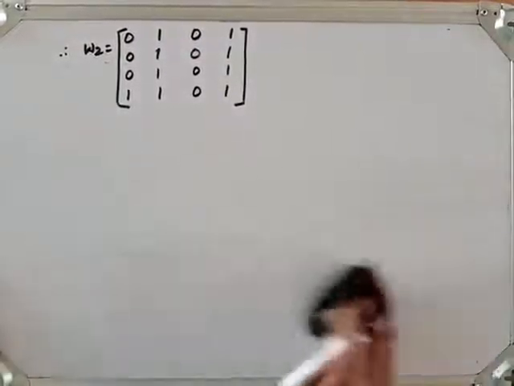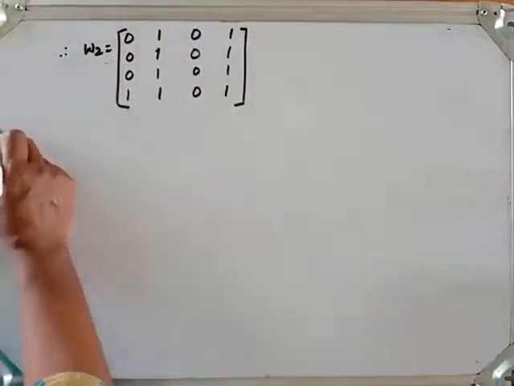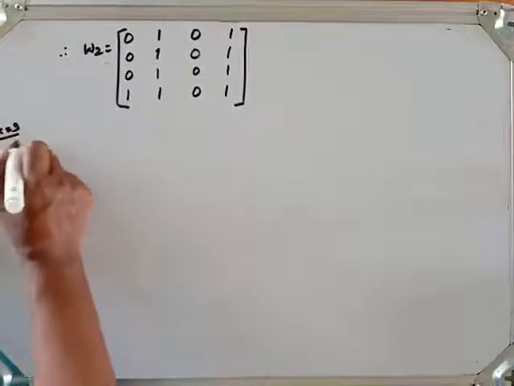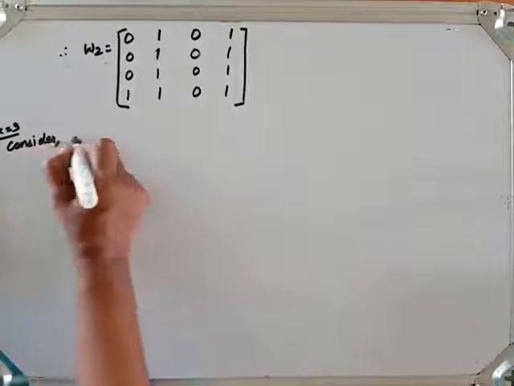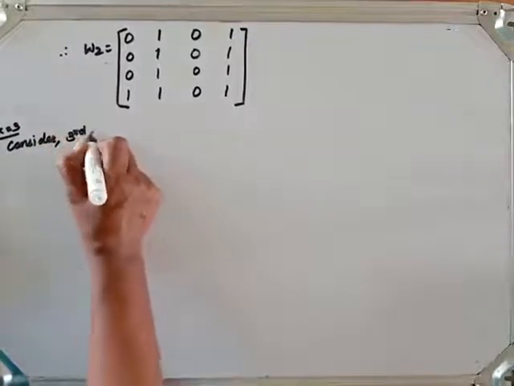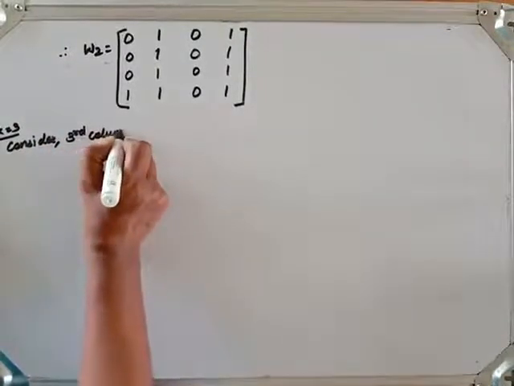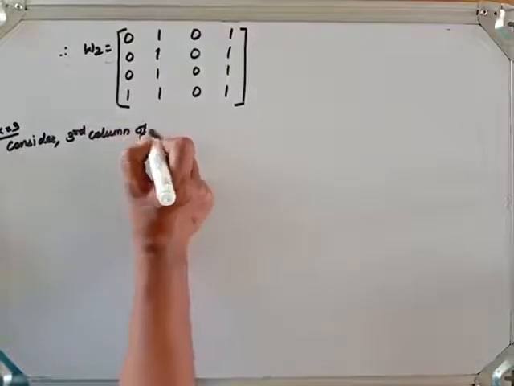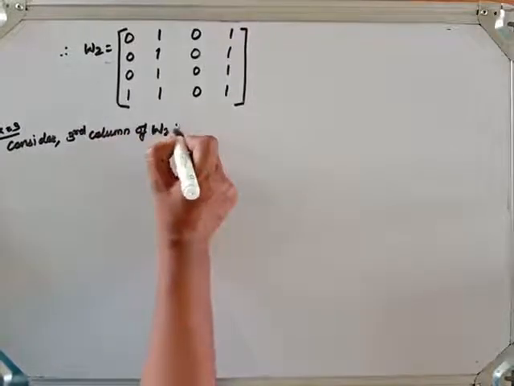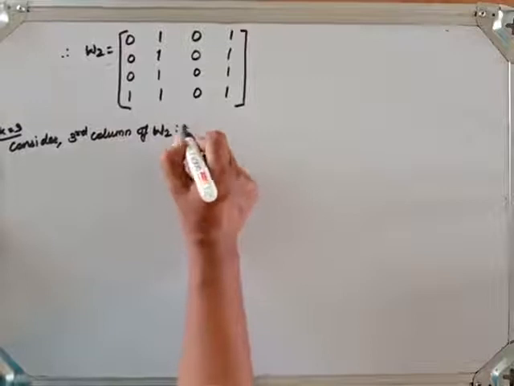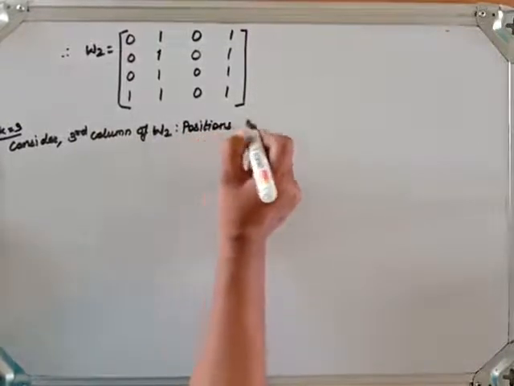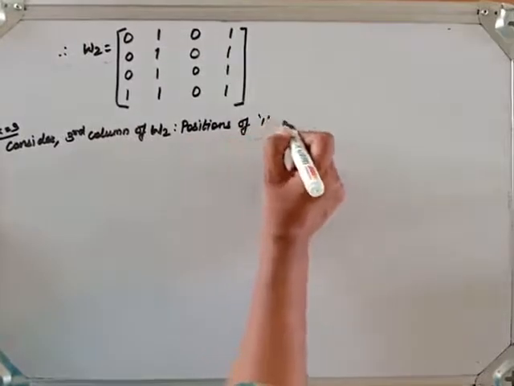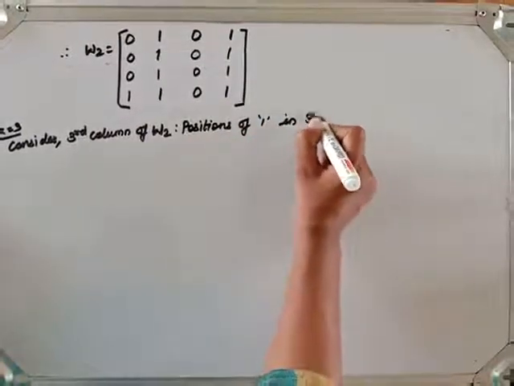Now consider k equal to 3. So consider the third column of W2 and check the positions of 1 in the third column.